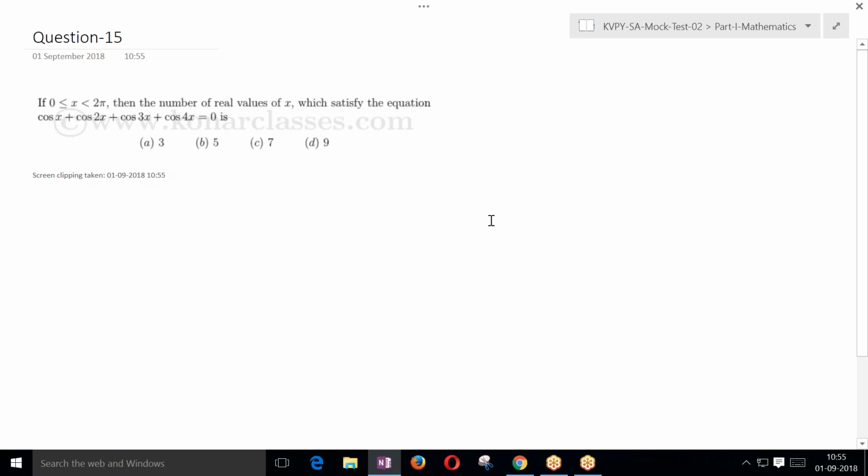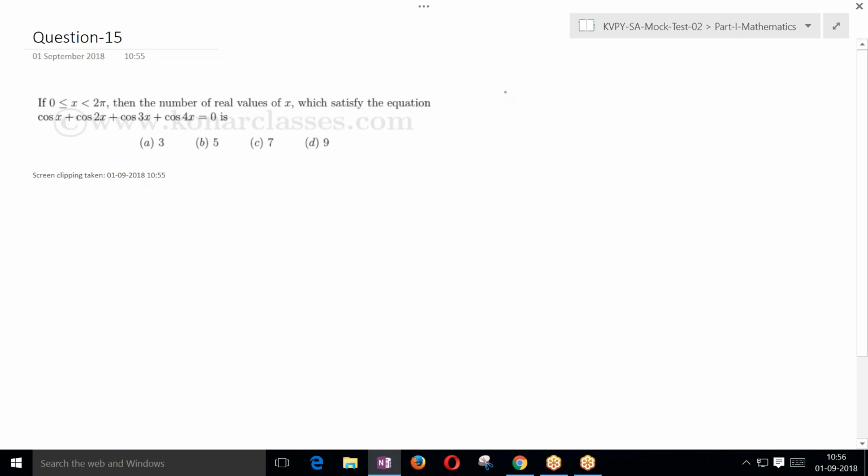That is the question. So this is a question from trigonometric equations, and let's see how we can find a solution. To be more precise, this is a mixture of both trigonometric function and trigonometric equation, and let's see how we can apply the concepts of both to solve this equation.